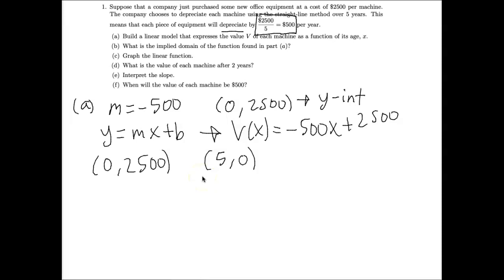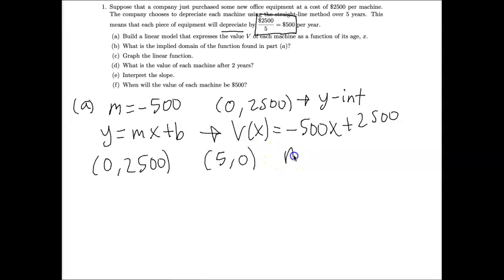And so what I've done here was used information to come up with 2 ordered pairs. Once I have 2 ordered pairs, I can use the formula for slope to find the slope, and then again now I have my y-intercept, and so I can get the equation of my line.